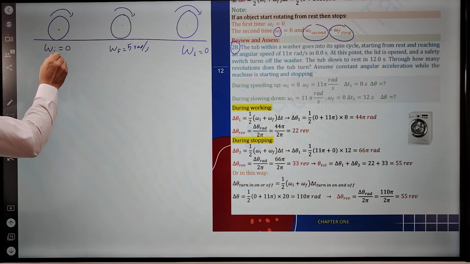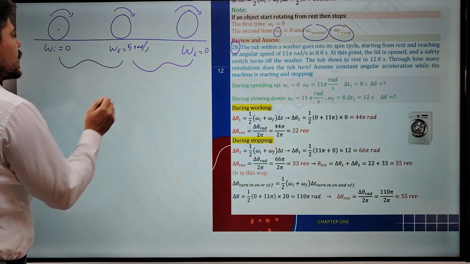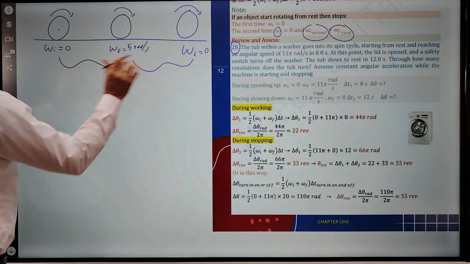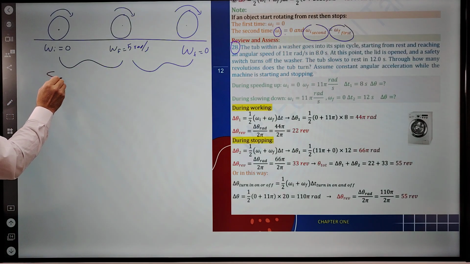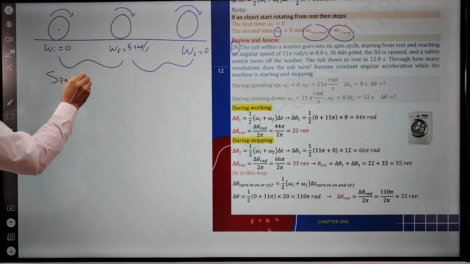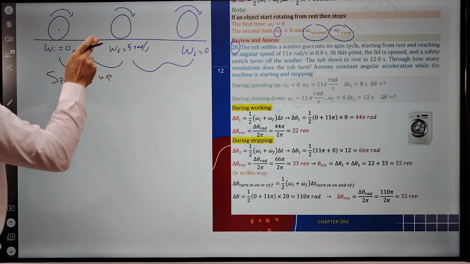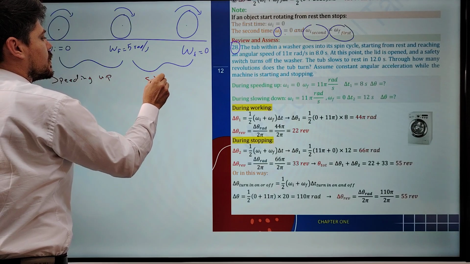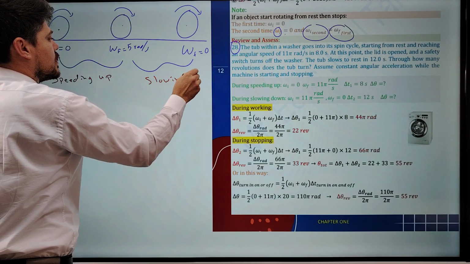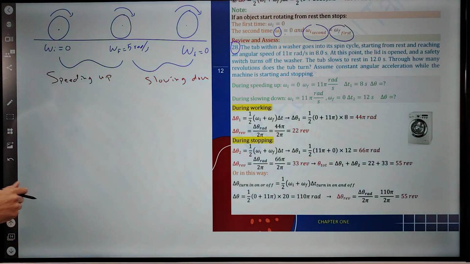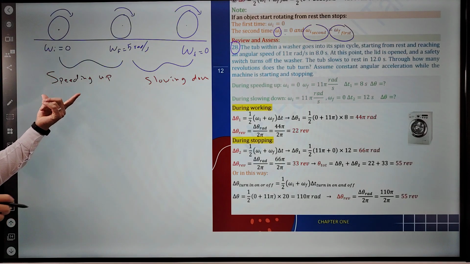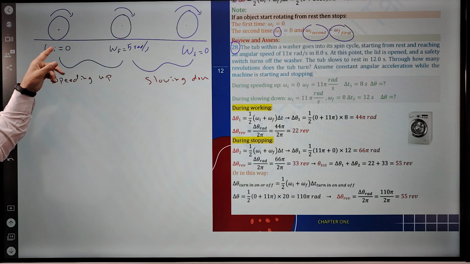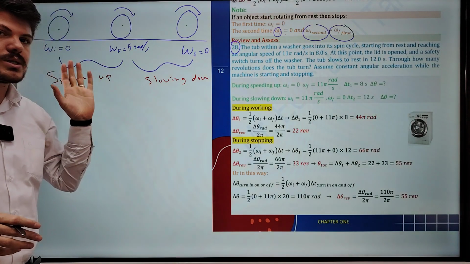Now, in this case, we have two cases. Okay? Speeding up, slowing down. The first case is speeding up. The second case is slowing down. For the first case, during speeding up, omega initial is 0, but omega final is 5 rad per second, for example.